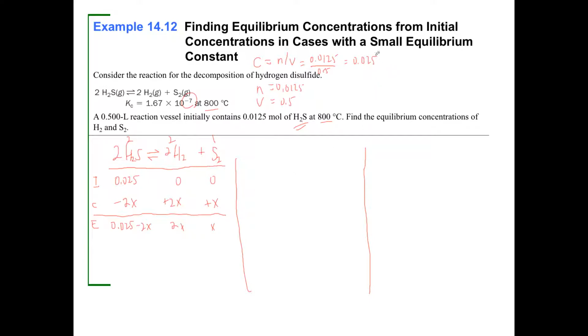Okay. Now, I didn't leave myself a lot of room here, so I'm going to use this space up here too. K, these are in concentrations, is going to equal the concentration of hydrogen gas squared times the concentration of sulfur gas over the concentration of H2S squared, right?